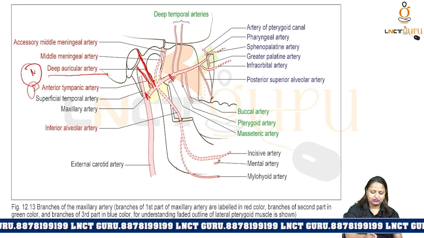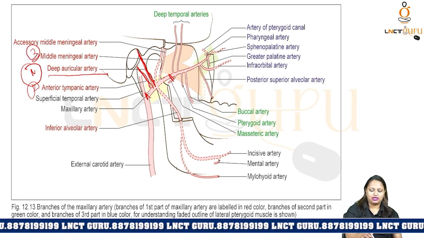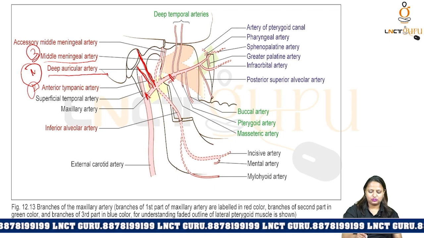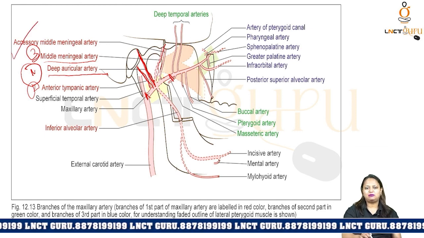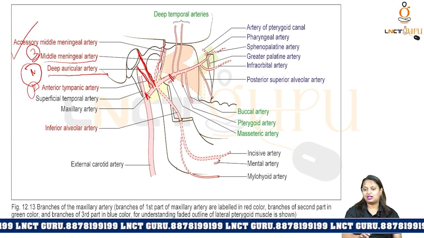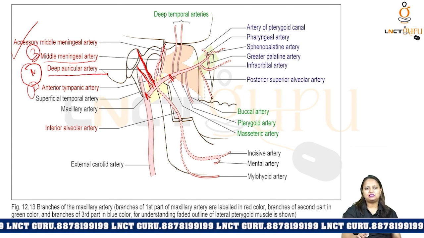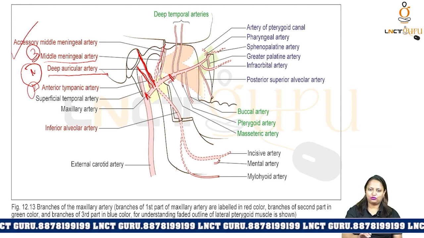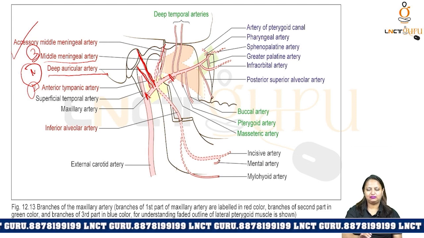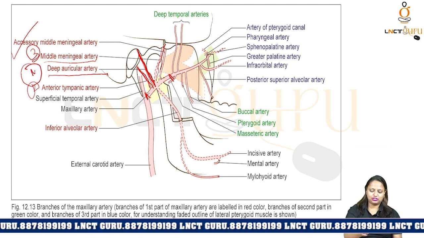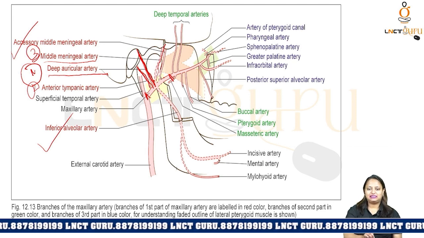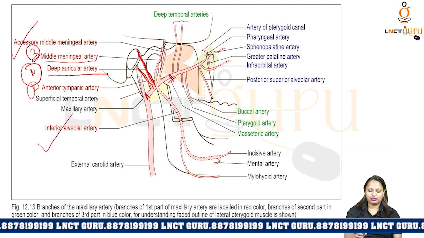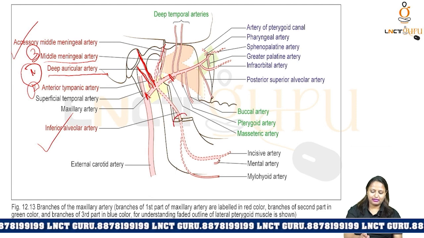Now the third one is the middle meningeal artery. You can see here in the dotted form, this one is the middle meningeal artery, and just beside it you can see the accessory meningeal artery. Both the meningeal arteries run close by. And one more artery we can see here is the inferior alveolar artery, and this is the mandibular fossa.